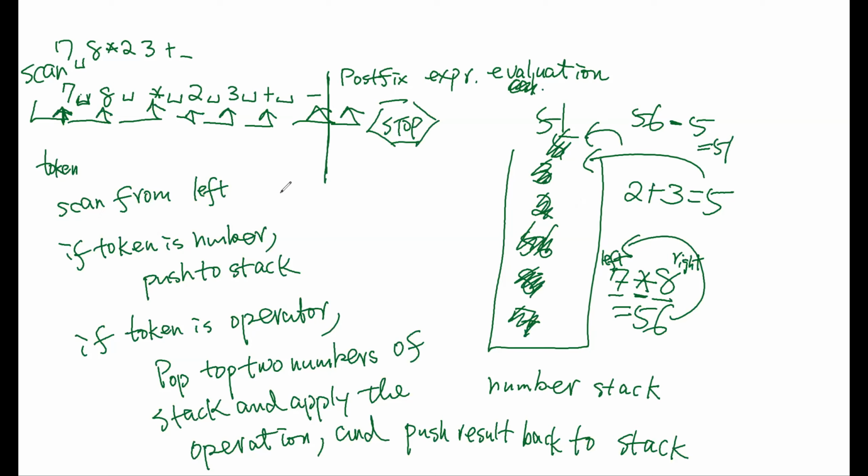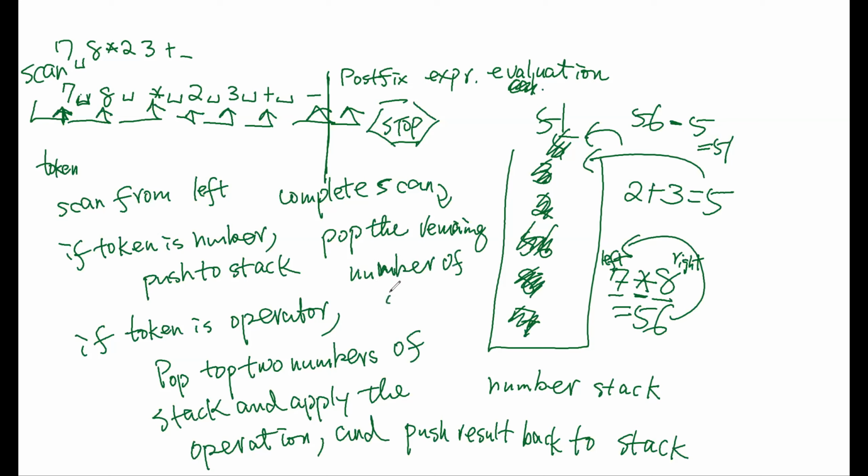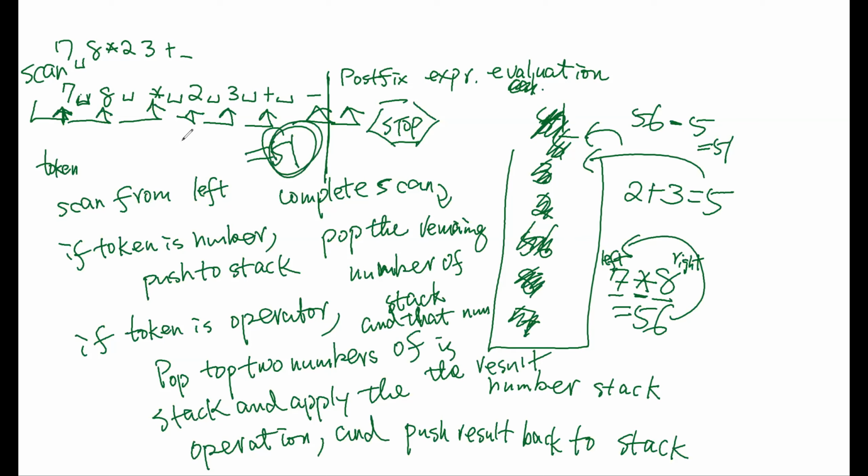When you complete the scan, pop the remaining number off the stack, and that number is the result. So you pop 51 out. 51 is this postfix expression's evaluation result.